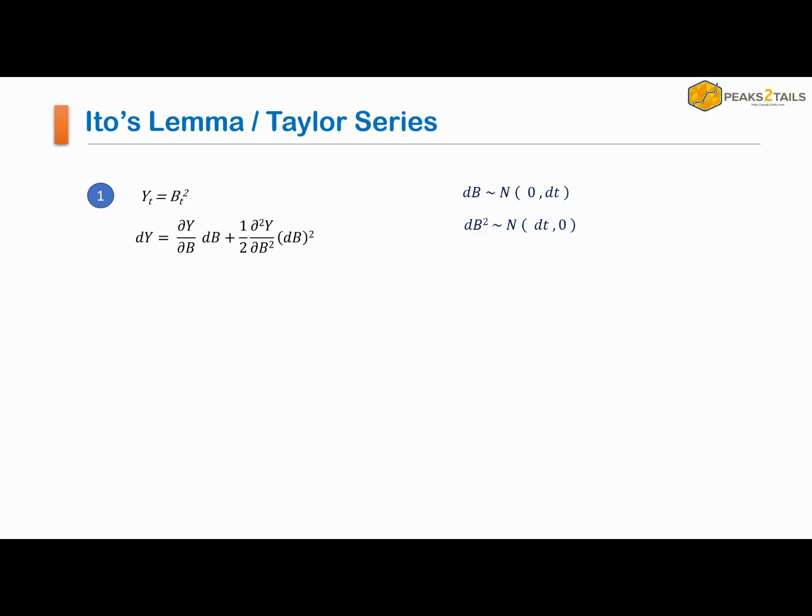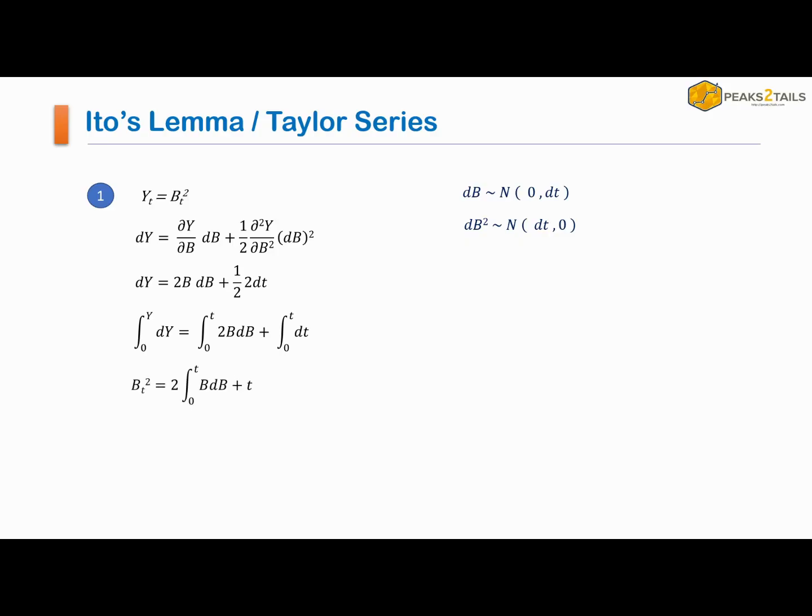And we can also calculate the first order and second order derivative of y with respect to B. So the first order derivative is 2B, the second order derivative is 2. So we replace those two in the equation. And then we integrate both sides.